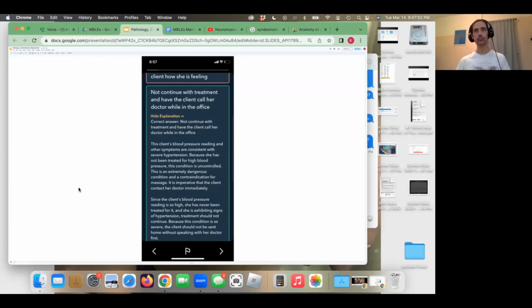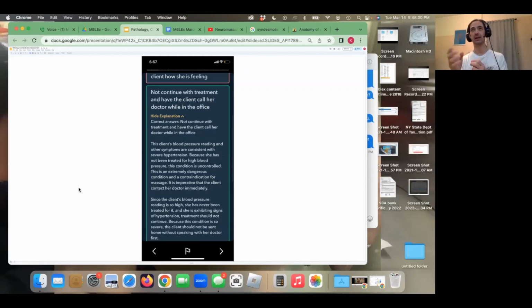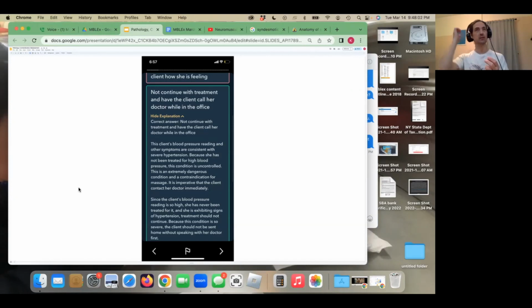But a lot of local stuff that they're going to ask you on the MBLEx is going to be about skin. It's going to be about eczema, atopic dermatitis. They might throw a question in there about a local infection. So if there's broken skin and it's swollen and red and inflamed, what do you do? And the answer is you avoid that area, right?